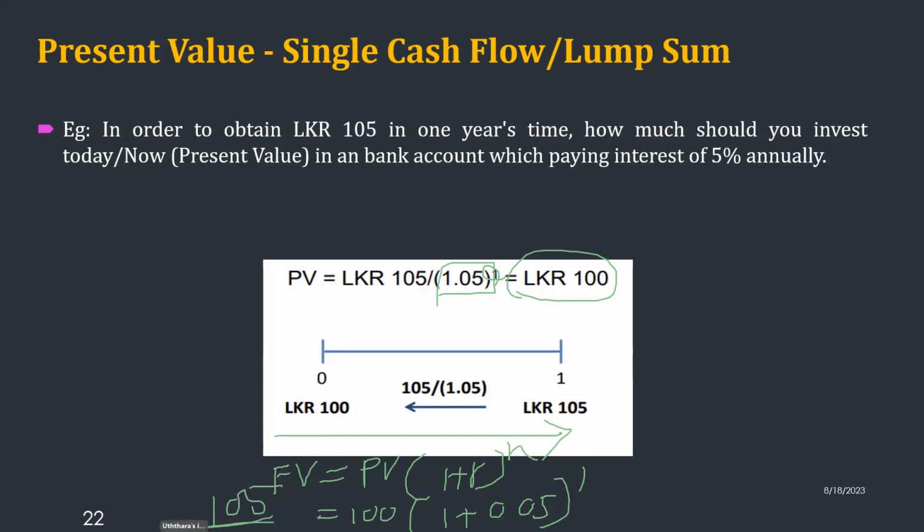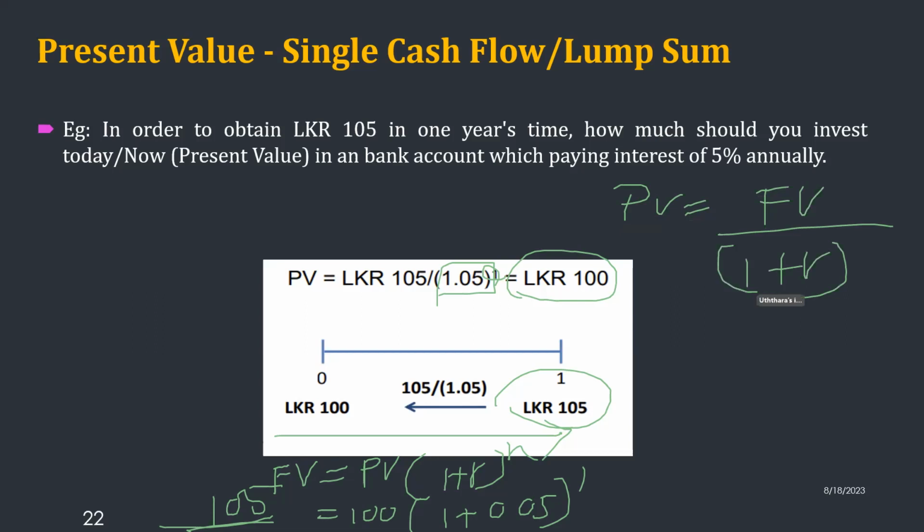Now we have this 105, and if we need to have 105 after 1 year, how much do we need to invest today? If we want to find today's investment value, then we are always searching for the present value.